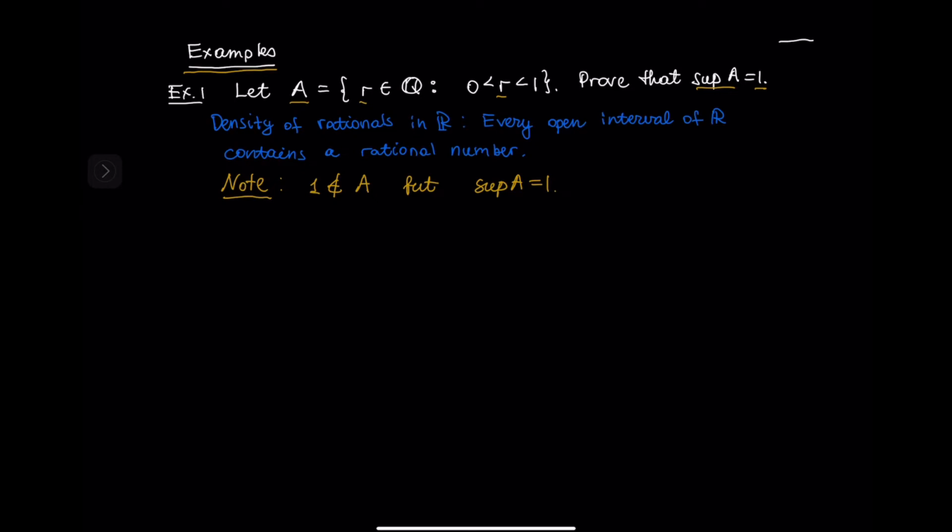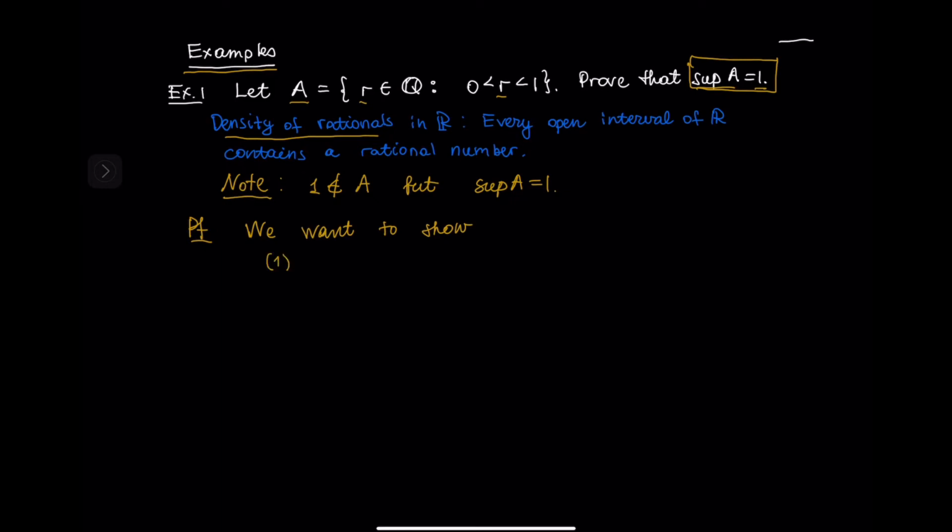So here I wrote the density of rationals. We just stated it before, but I wanted to restate it. So every open interval of R contains a rational number. Okay, so let us prove this. So let us try to recall the definition of the supremum. So we want to show two conditions.